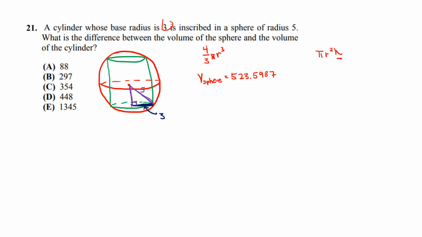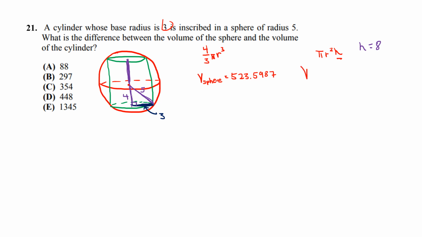We have a leg of 3 and a hypotenuse of 5, so it's a 3, 4, 5 right triangle. We don't even have to do the Pythagorean theorem if we know the special right triangle. If you don't know it, you can easily use the Pythagorean theorem and calculate it yourself. Now we have half the height of our cylinder, so by doubling 4, we get 8. So our height is 8.